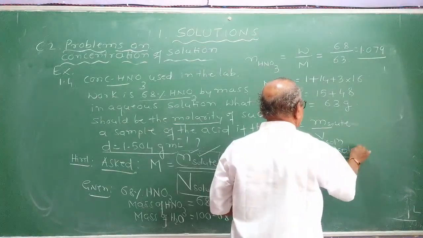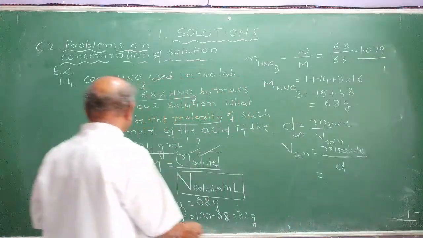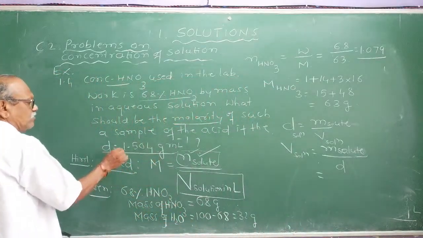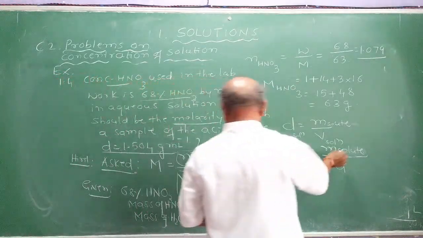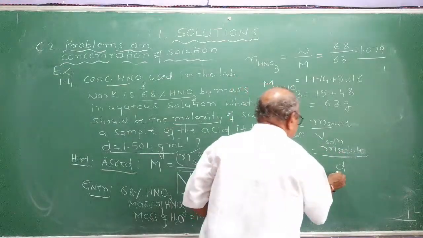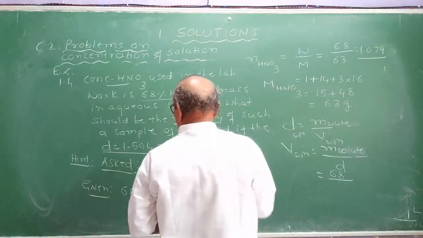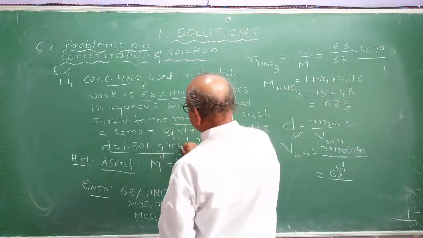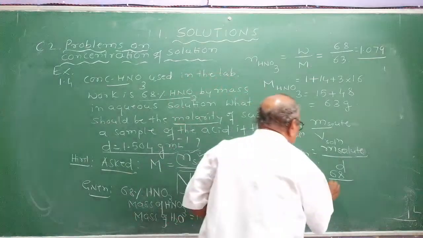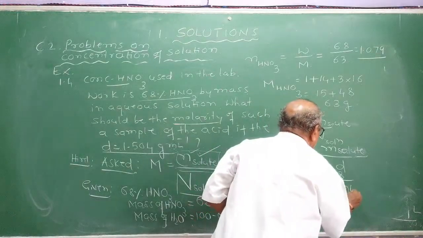Because you are given the density of nitric acid in gram per cc, the mass of the solute is 68 grams, divided by 1.504. Milliliter means cc.